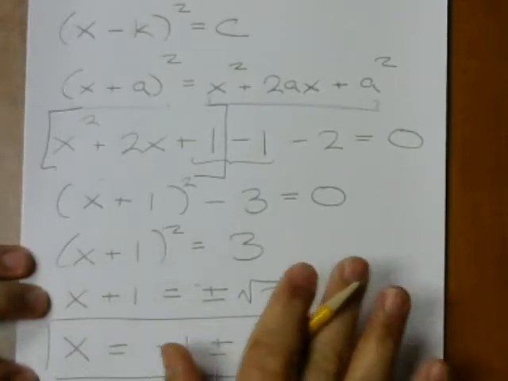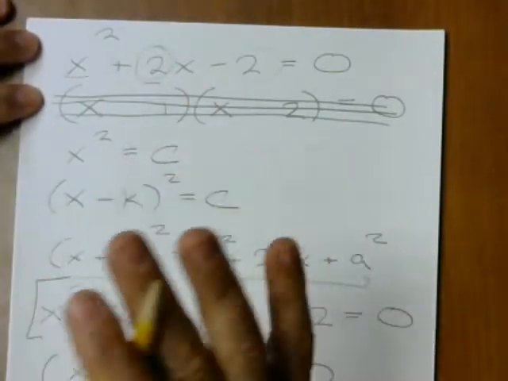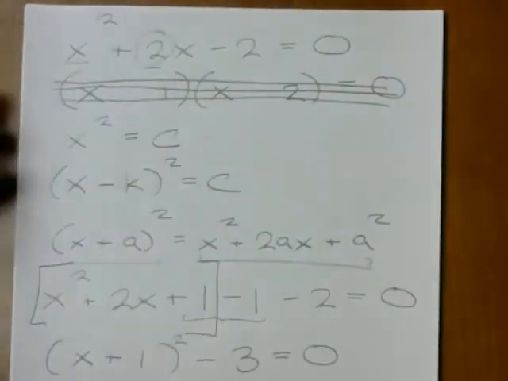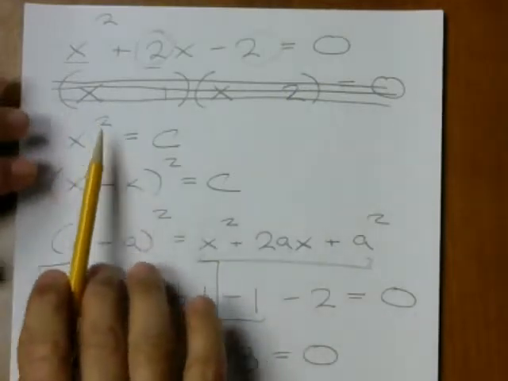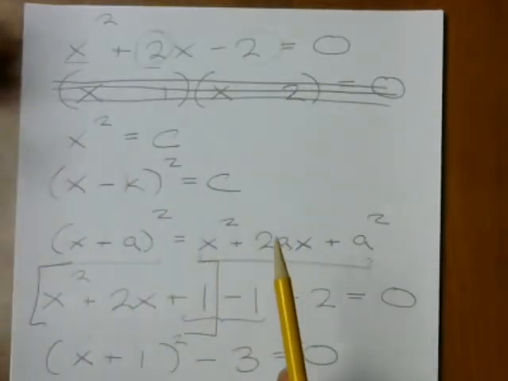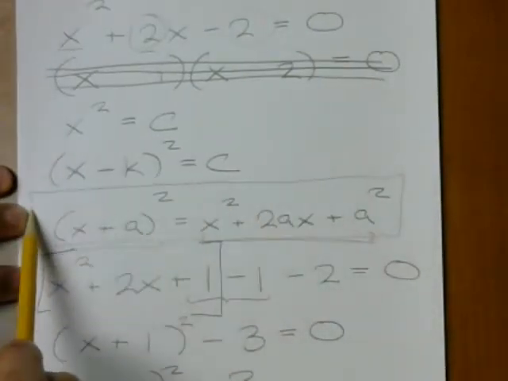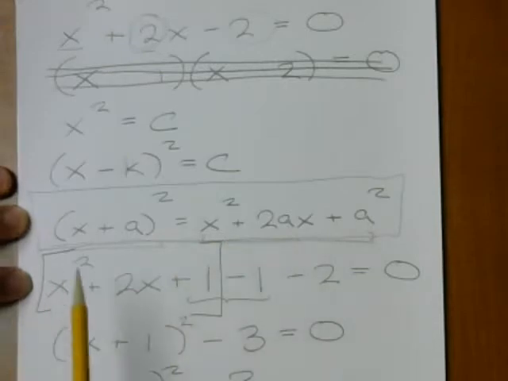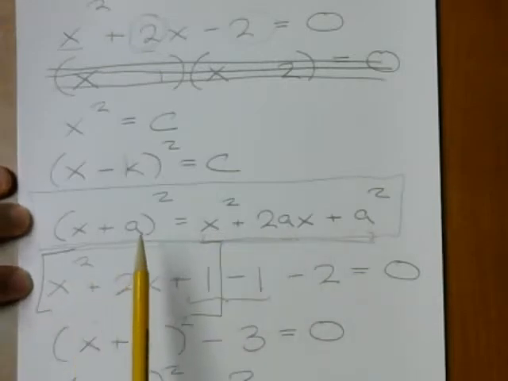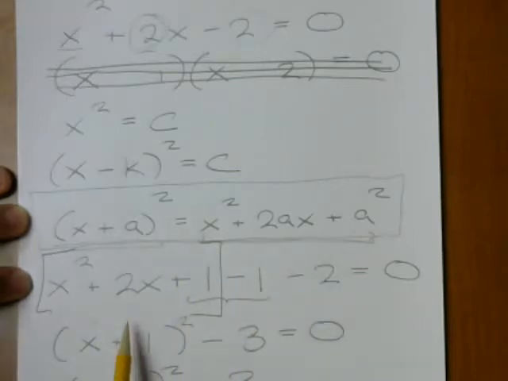So, what did we do? We had something like this, which we couldn't factor. I wanted to solve it anyway. I wanted to get something squared equal to a constant. Well, how do I do that? Well, I had this formula from before, and I wanted to use it. I didn't have the number I wanted in order to make this formula work.